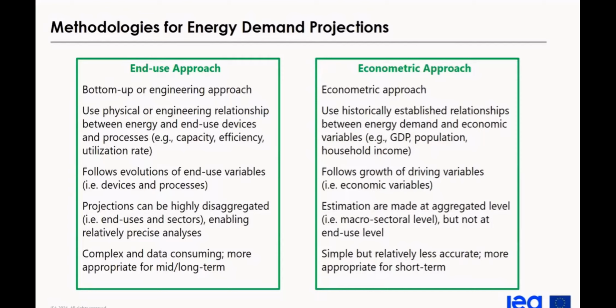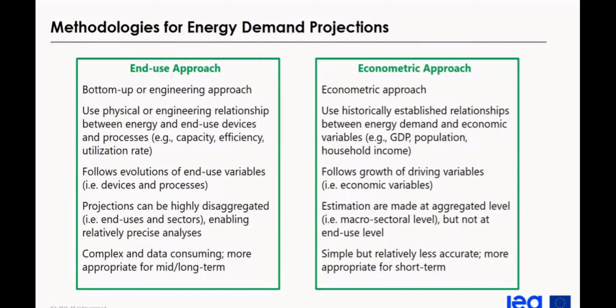Another approach for estimating future energy demand is to look at econometric established relations, for example, between energy demand and economic variables. Again, if we want to estimate the future electricity demand in the residential sector, we could look at what the level is today and see how it's linked to the GDP per capita.